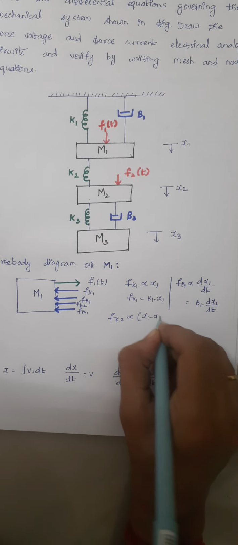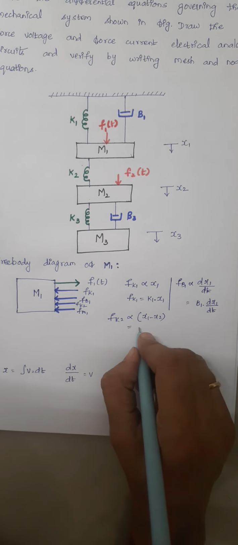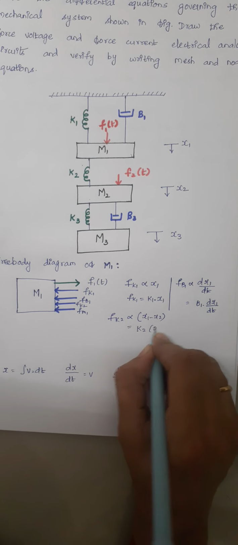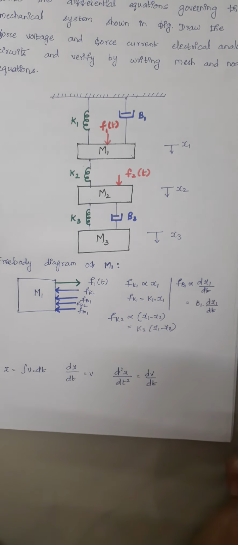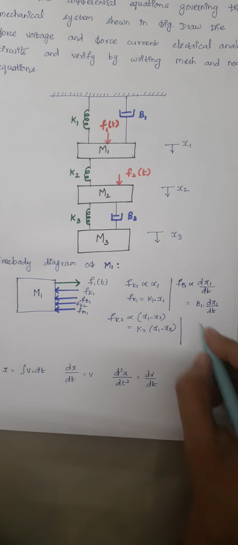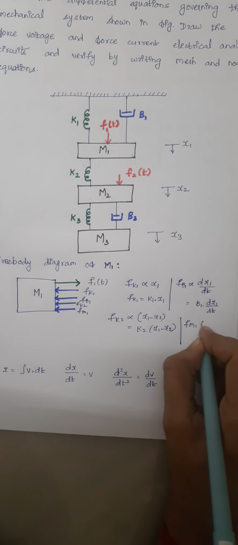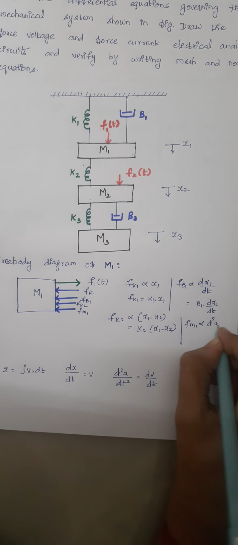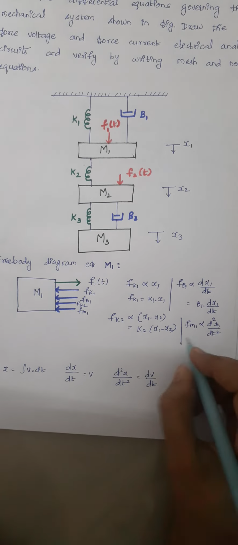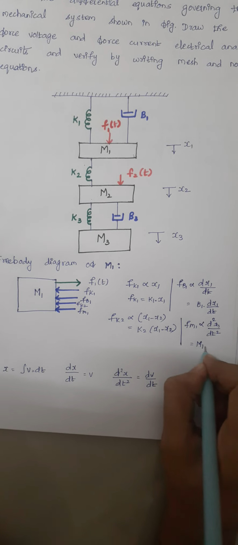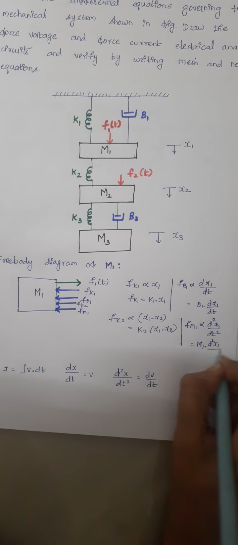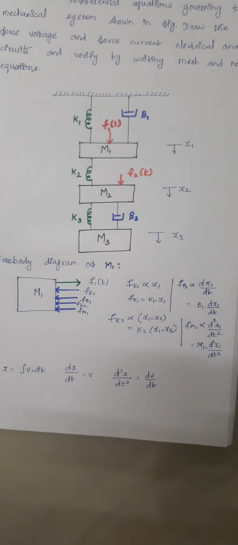When you include the proportionality constant, that becomes k2 into x1 minus x2. And the last one is Fm1. Fm1 is directly proportional to d square x1 by dt square, which is equal to m1 into d square x1 by dt square.